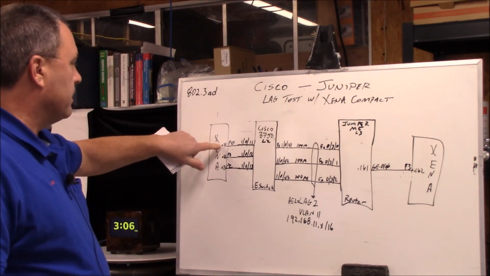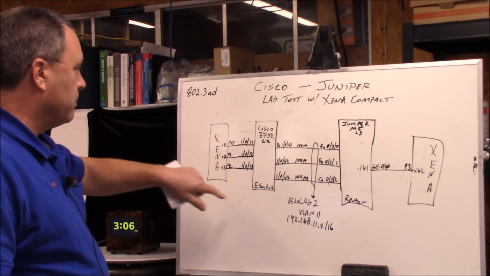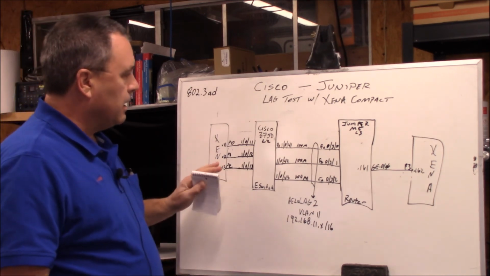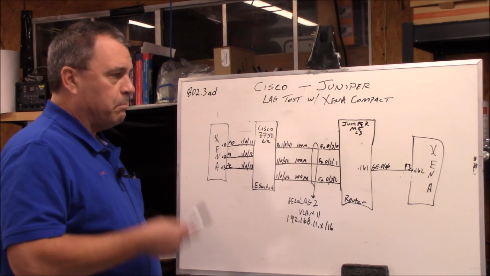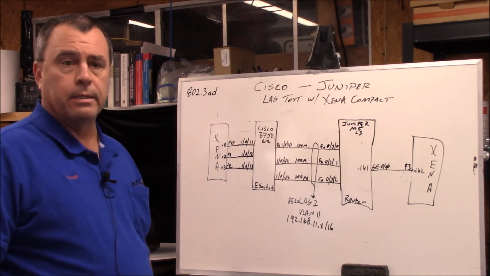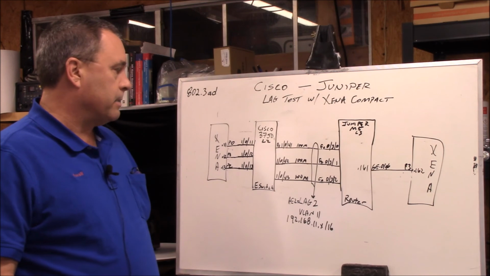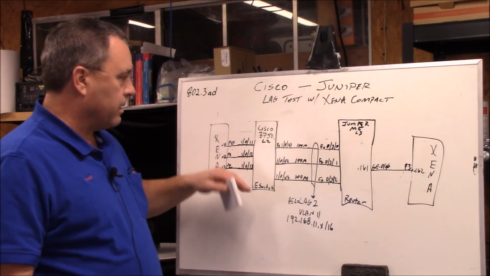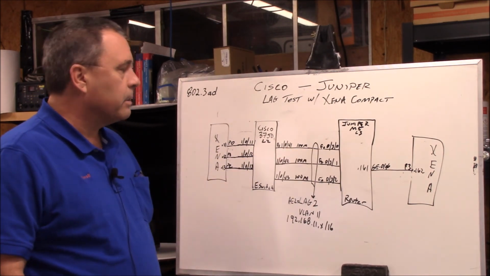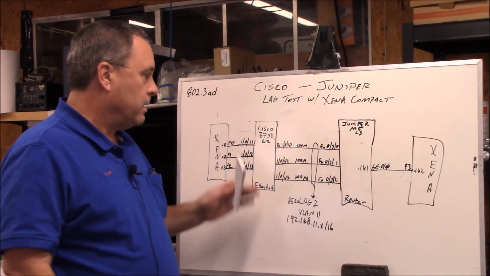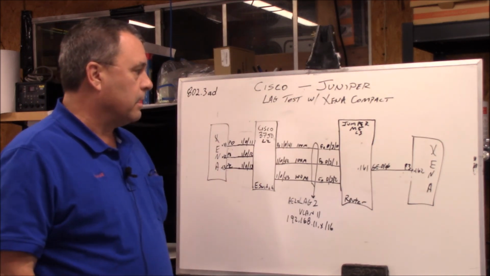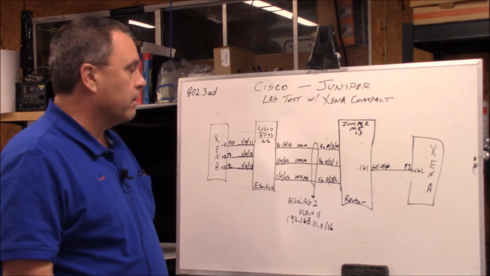Here are the IP addresses on this side, .11, .12, .13. A bunch of port assignments and that sort of stuff. I can post this picture in the comments if people are interested in the details of the port assignments. This is mainly just for your information, so when we're going through the testing, you can kind of look at it, or at least you'll know what I'm doing here.